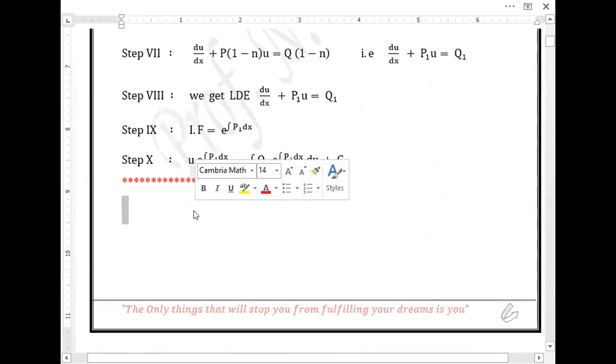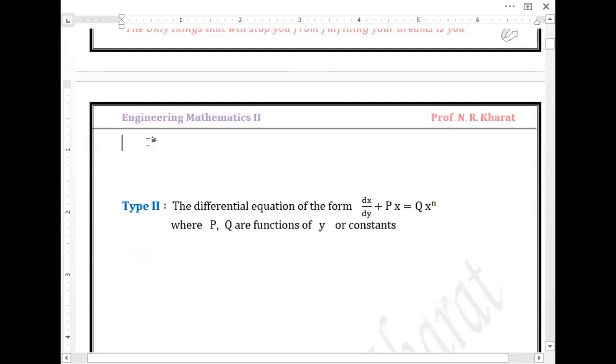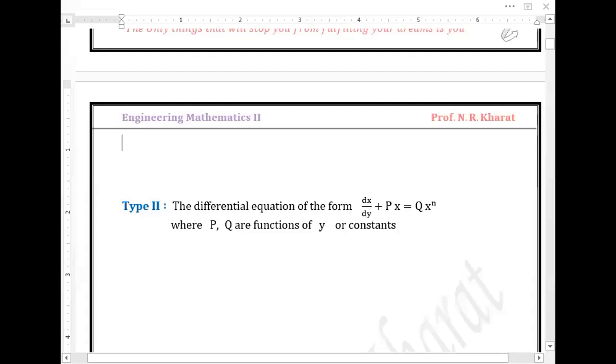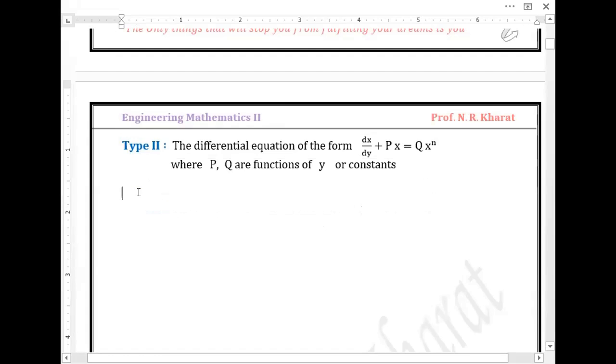In a similar way, we can solve the differential equation in the form dx upon dy plus px is equal to q times x raised to n.